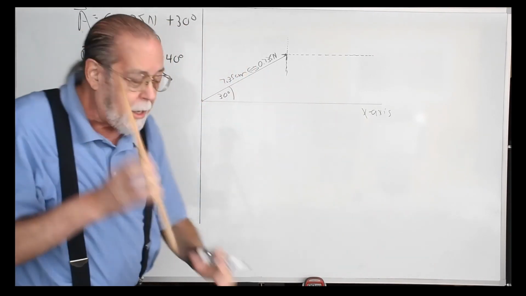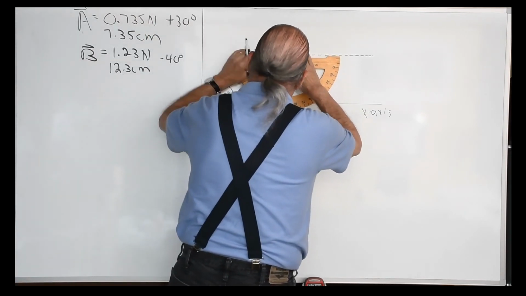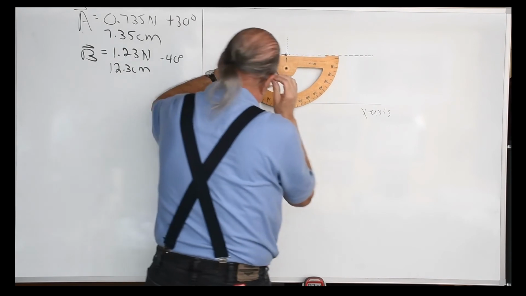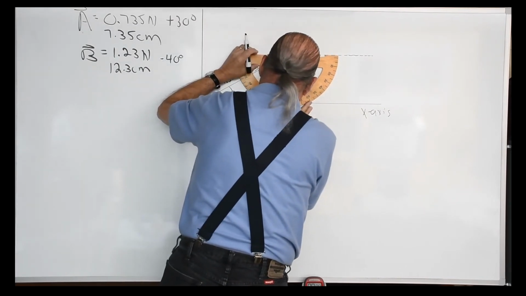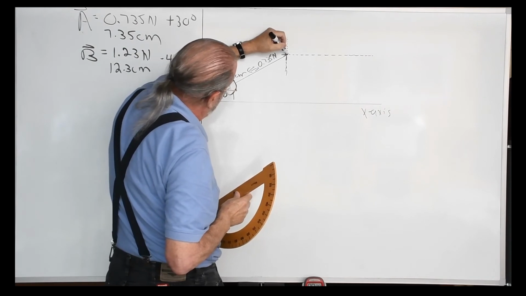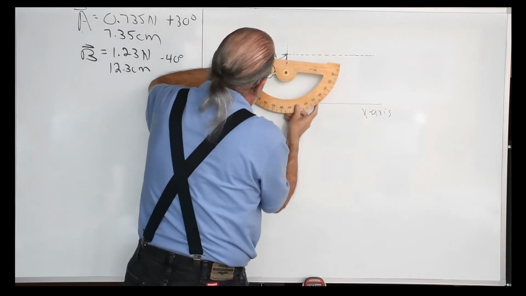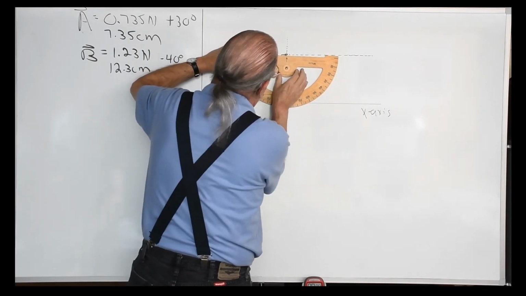We take our protractor, and since it's negative, we put it upside down. The new vertex of our new angle is up here, not down here.